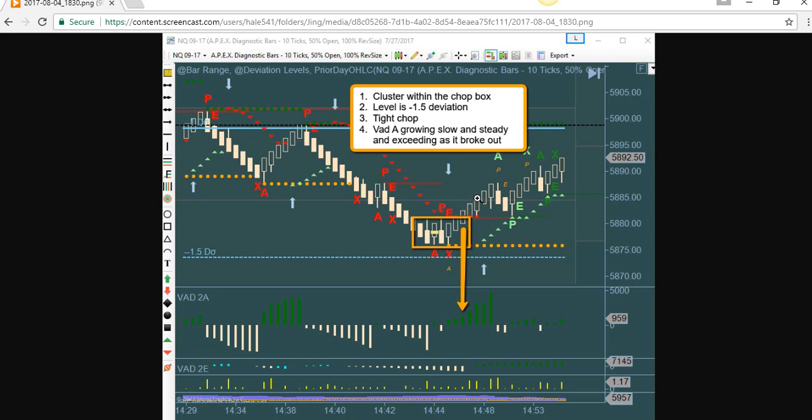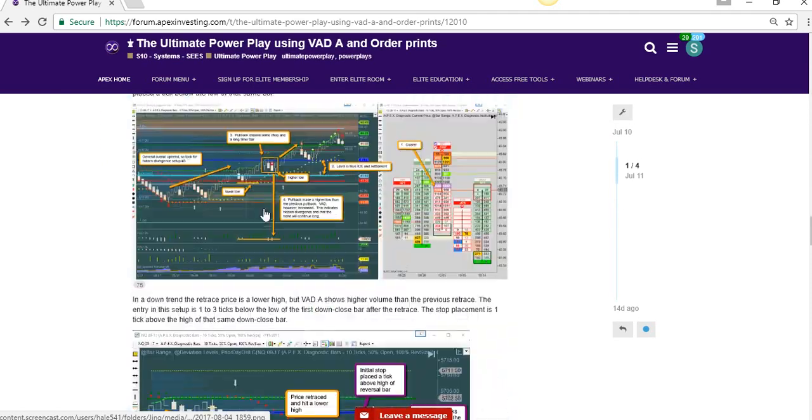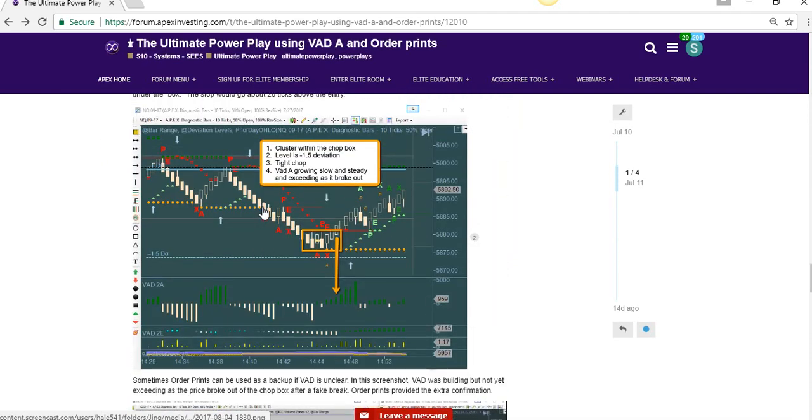When we get up to about 10 ticks of profit, we're going to move it up and protect those 10 ticks and lock it in, right? Because for it to be a power play, the power aspect of it is coming from that cluster. And that's when we could get a big move up and ride it way up. All right? So that is an example there of a coil chop setup.